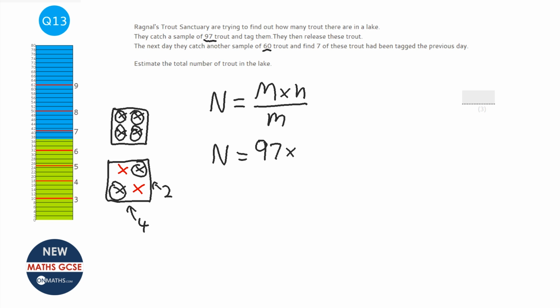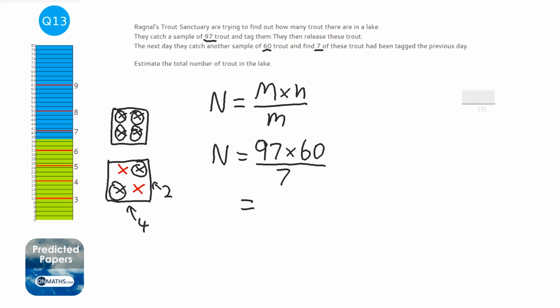That's our recapture sample, the sample we took a few days later or the next day. And we're going to divide that by the amount of those 60 that were tagged or marked, which is 7. All you need to do is type that into a calculator: 97 times 60, over 7.